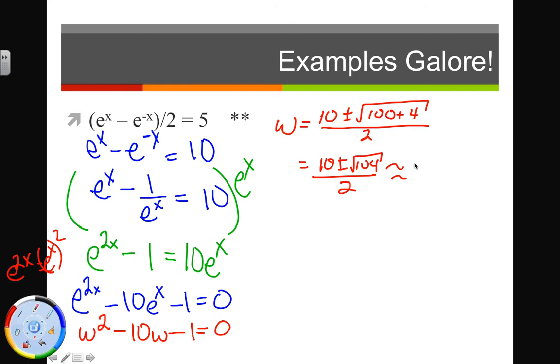We get, let's say, w is equal to 10.099, and w is equal to, if you do this really quick, you might beat me to it, negative 0.099.